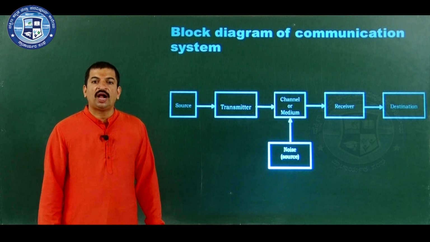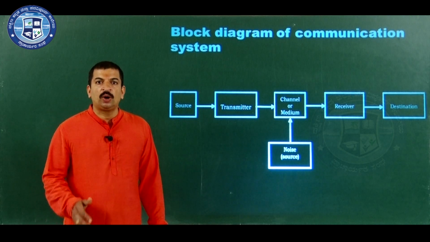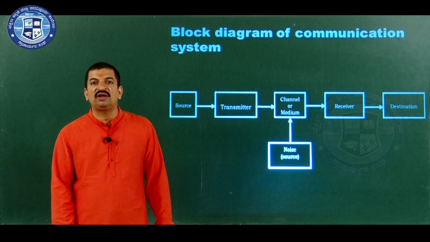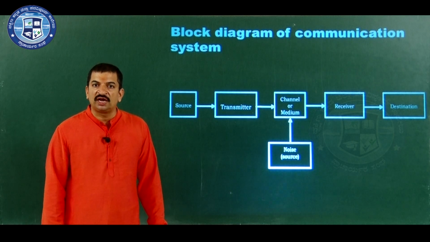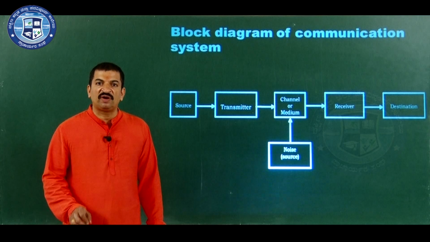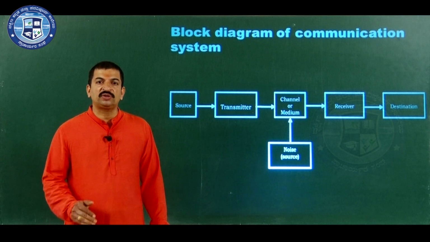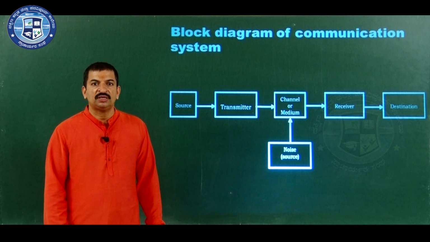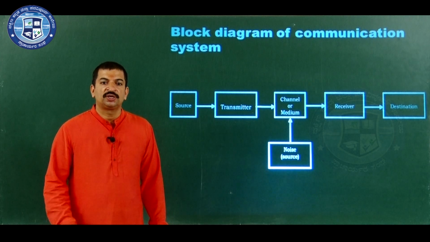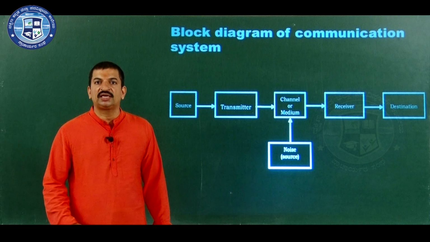The transmitter also performs several tasks. One is that it processes the information so as to make it suitable for transmission over a given communication channel. In other words, the transmitter performs a function which is known as modulation. In the process of modulation, the low frequency information signal is superimposed on a high frequency wave, which is known as the carrier wave.